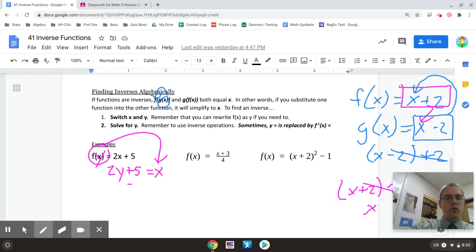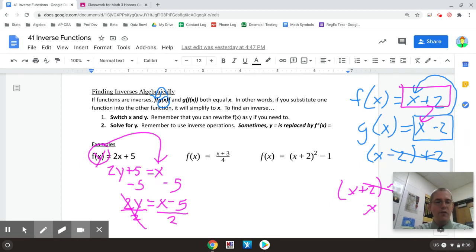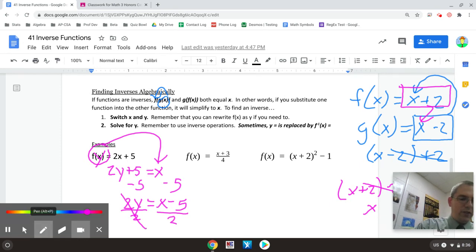So I'm going to subtract 5 from both sides. So that gives me 2y is x minus 5. And then I'm going to divide by 2. So my answer is x minus 5 over 2. If you wanted to, you could check that answer by plugging 2x plus 5 in there.